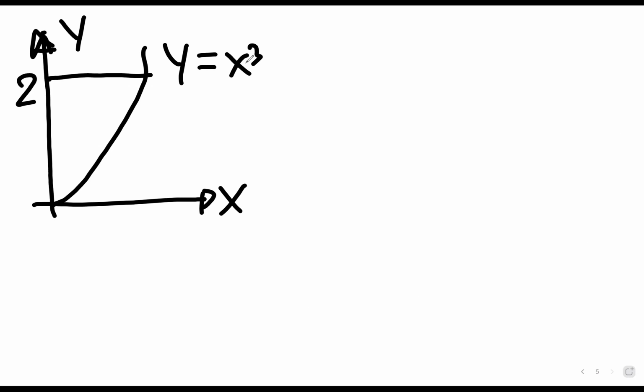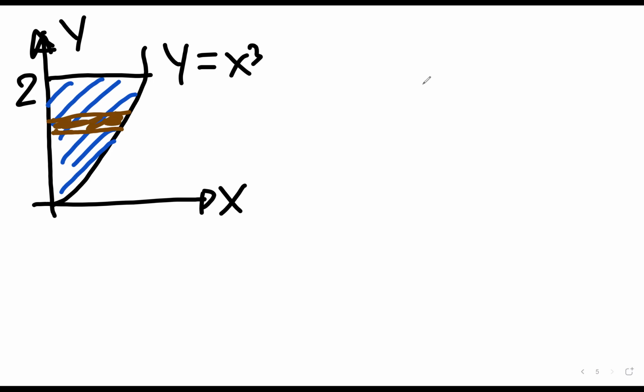Okay, so the region would be this one. And the same as before, the idea is to consider a slice of the region, in this case this one, where the thickness is delta y.